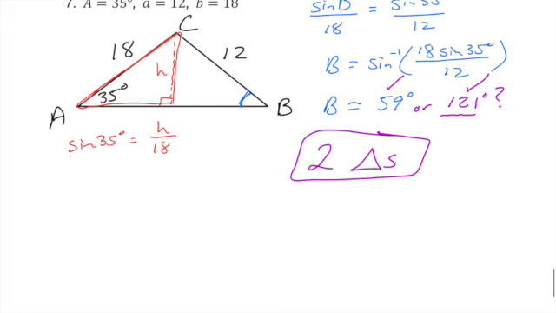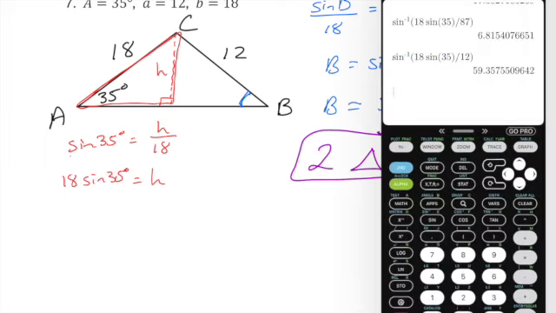And so that altitude, that height, would be 18 times the sine of 35. And what you get is about 10.32.